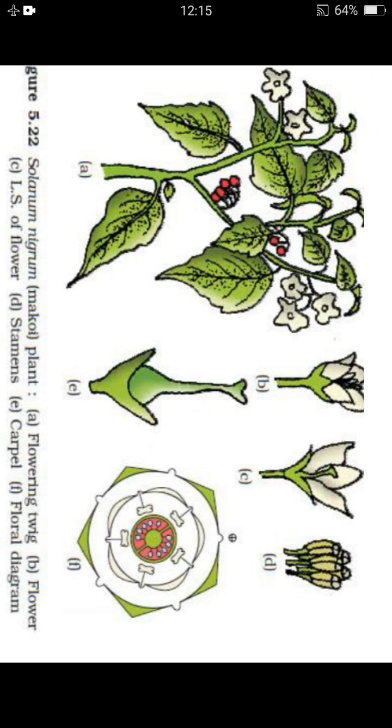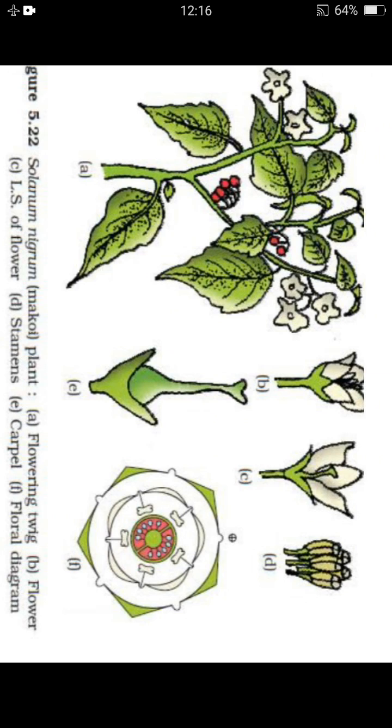Next, leaves. Leaves alternately placed on the axis. Simple leaves, rarely pinnately compound leaves, and exstipulate, and venation is reticulate venation. In the monocots category, just now we had a discussion of Liliaceae family members, but this Solanaceae family belongs to dicots.